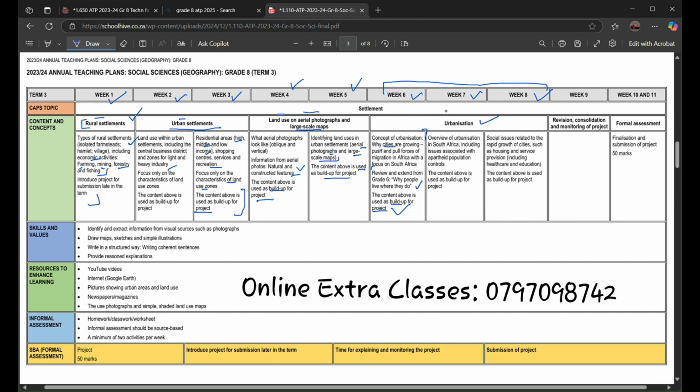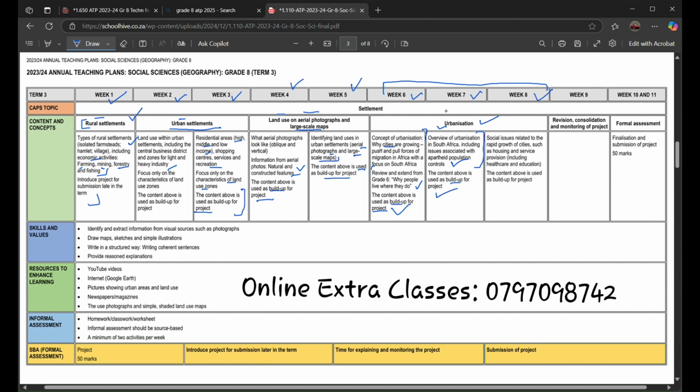Okay, and then after finishing week 6, we will then move to week 7, wherein we will be discussing the overview of urbanization in South Africa, and this will include issues associated with apartheid population controls. Again, after finishing up this topic, this will then build up to the project that we will have to complete.